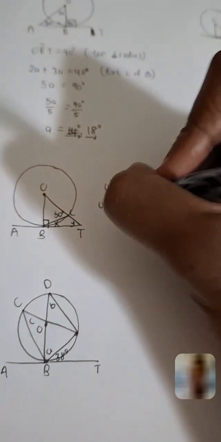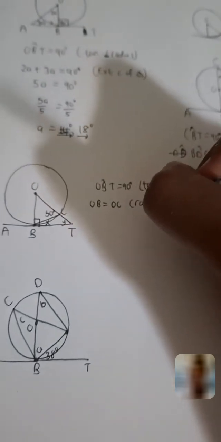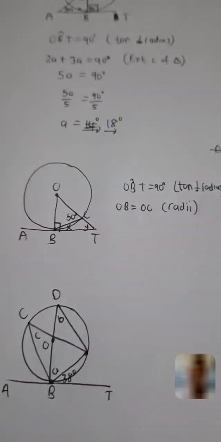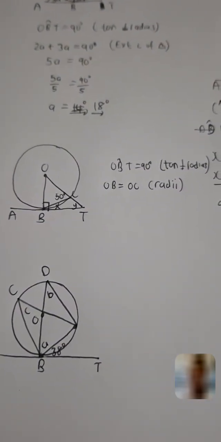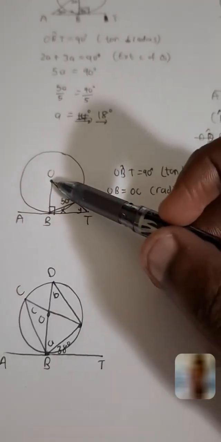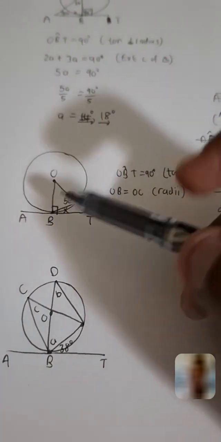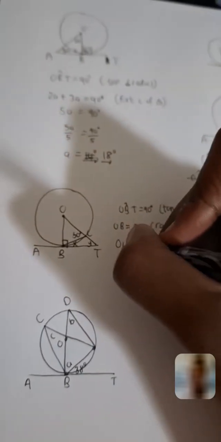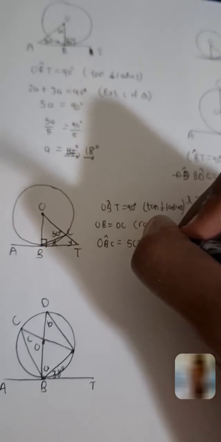OB is equal to OC. Which means angle OBC is 50 degrees, angles opposite equal sides. OBC is equal to 50 degrees.